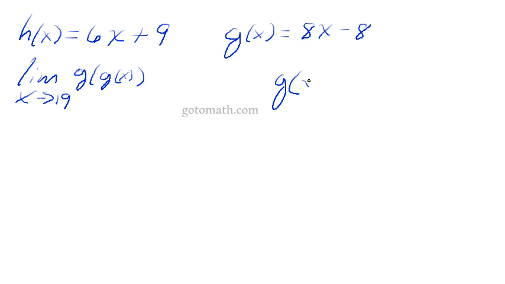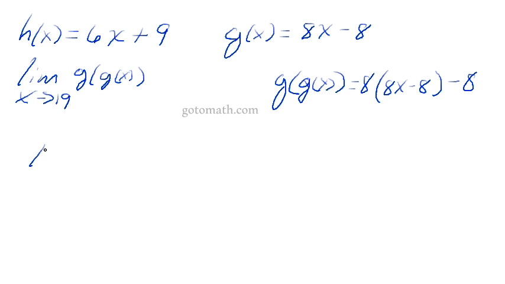But g of x, or g composed of g of x, is actually nothing more than 8, and then we put 8x minus 8 inside of there, minus 8. We could simplify that down and then do the limit. But instead, we're going to actually look at a theorem. That's what we're going to actually do.